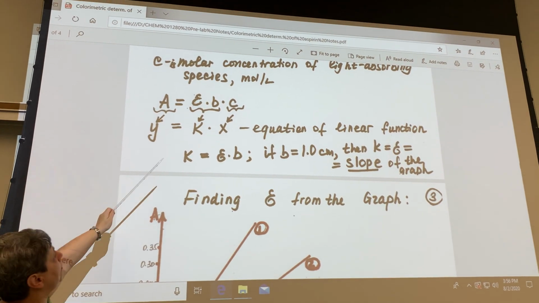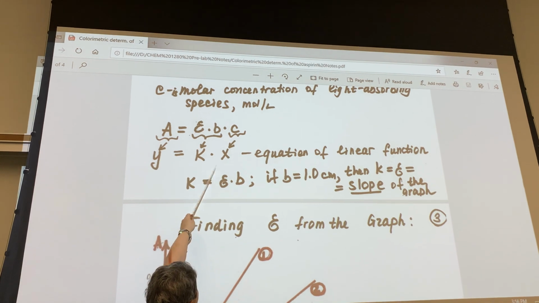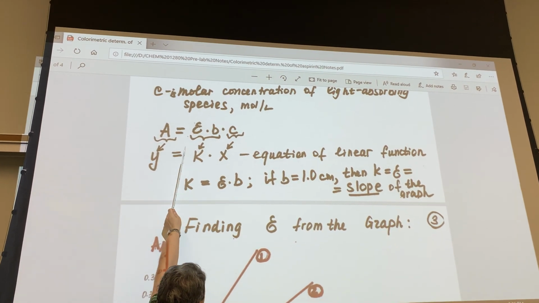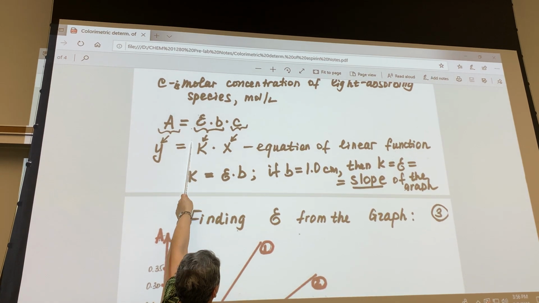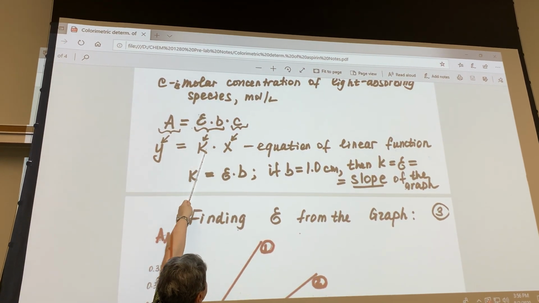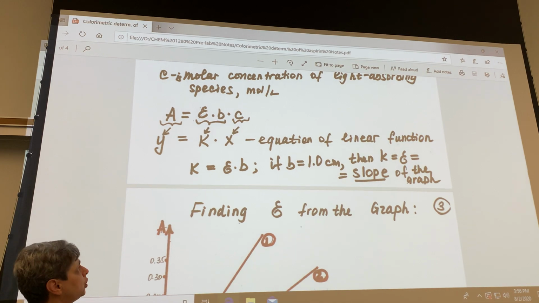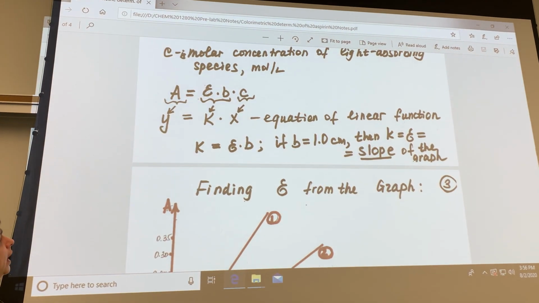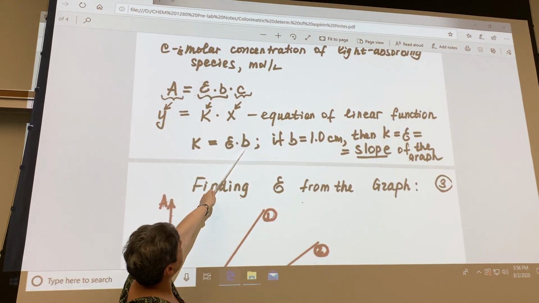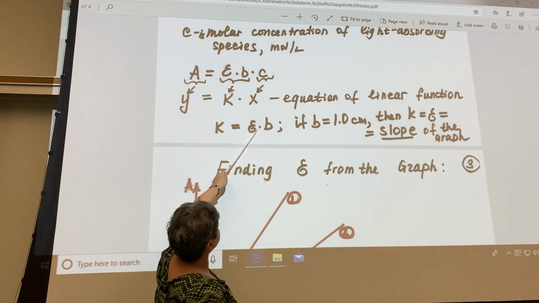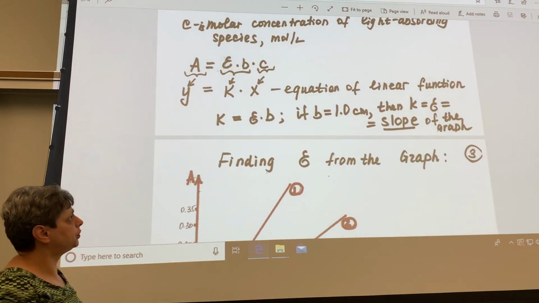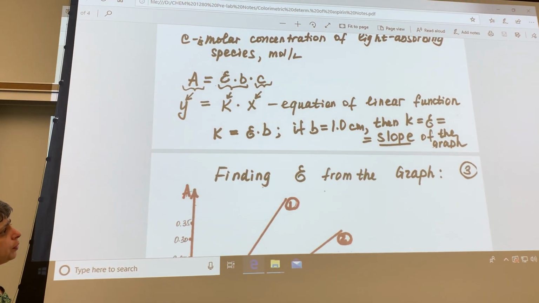And there are two important features that we need to discuss here. First of all, the product of epsilon and b would give us k, and k in math is referred to as slope. And because b is typically 1, molar absorptivity, or epsilon, would be expected to equal k, or the slope of the graph.